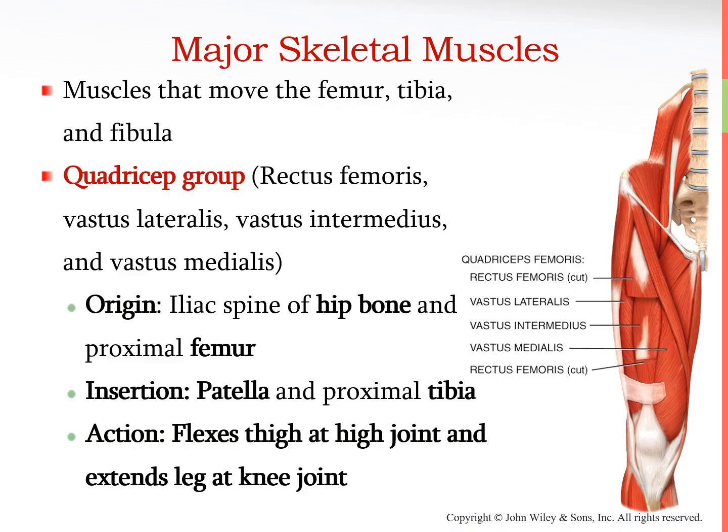And that action is extension at the knee. So watch out for the quadriceps femoris group. It causes two actions because it crosses two joints, but they are opposite actions at these two joints. At the hip, the quads cause flexion, but at the knee, they cause extension, and that's because your knee joint is backwards compared to your elbow joint.